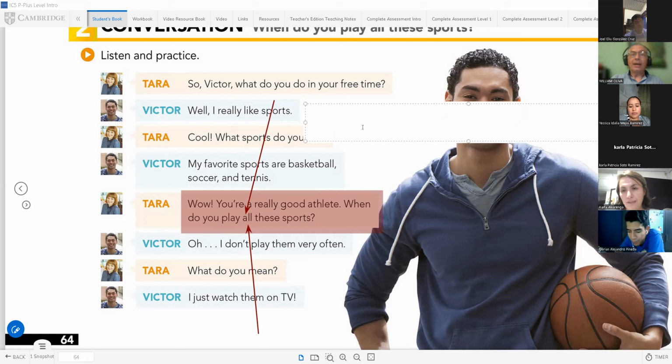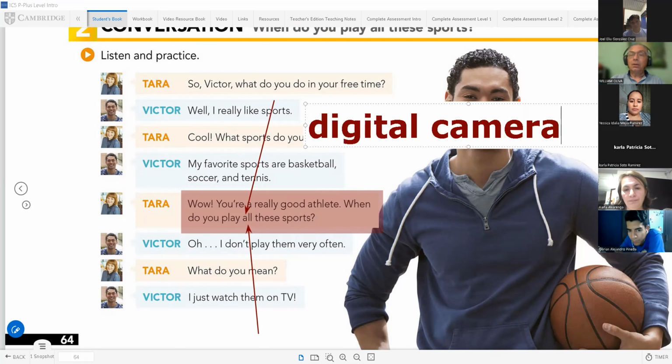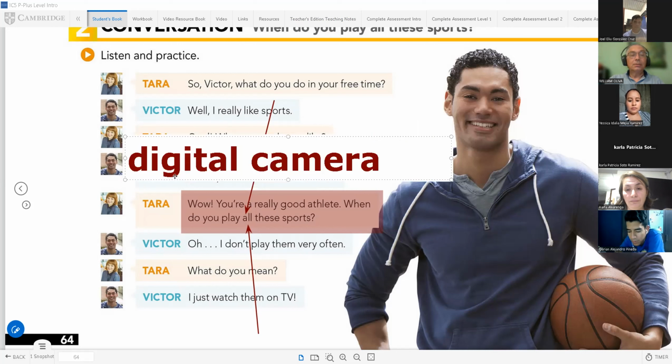Ya no tenemos cámara, pero read please this one. Read this, Carla. Follow the rule. Toda A antes de L se convierte en O. Read please. Digital camera.